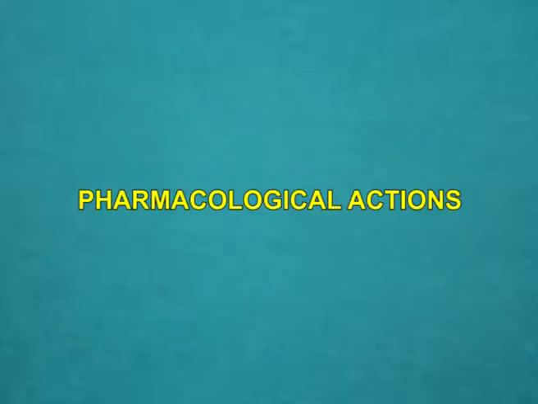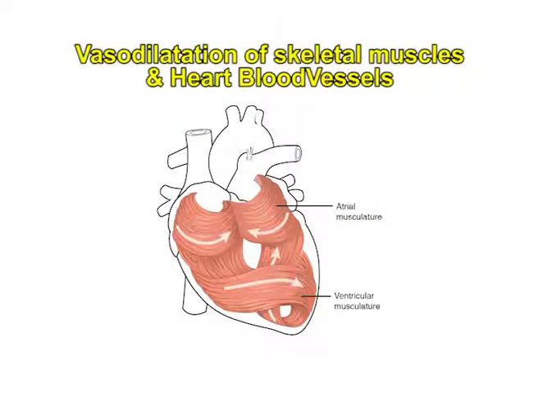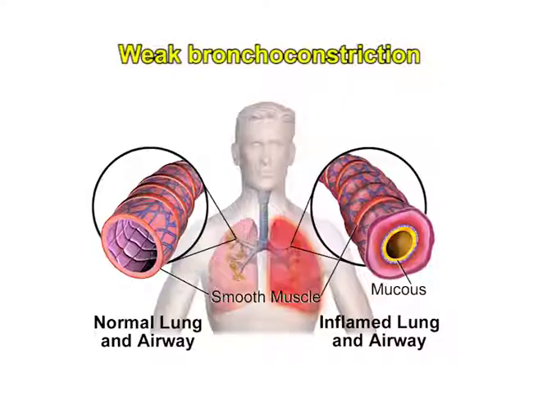Dear friends, now we will discuss the pharmacological actions. Vasoconstriction of renal, pulmonary and cerebral vessels, vasodilation of skeletal muscle and heart blood vessels, weak inotropic and chronotropic effects. Smooth muscles: contraction of smooth muscles in GIT, bronchial tree and uterus, weak bronchoconstriction.